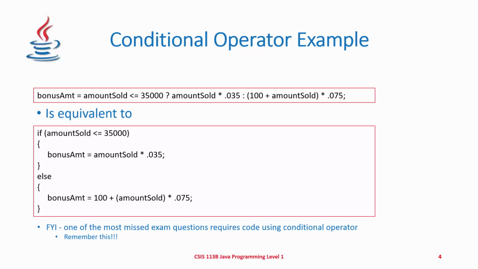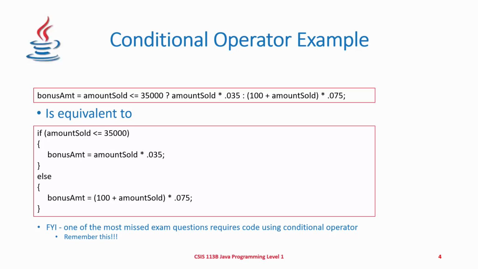So that conditional operator is equivalent to the if-else statement you see below. Here we've got the if keyword, checking the condition amount sold to see if it's less than or equal to 35,000. If it's true, bonus amount is assigned amount sold times 0.035. If it's not true, then bonus amount is equal to 100 plus amount sold times 0.075.